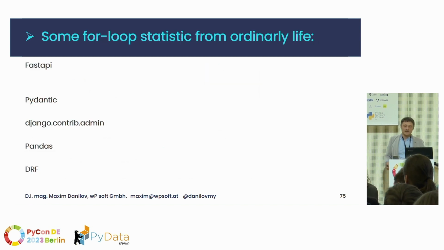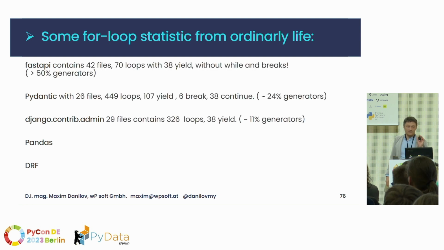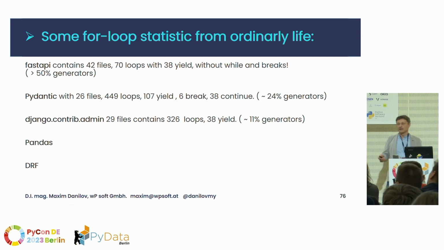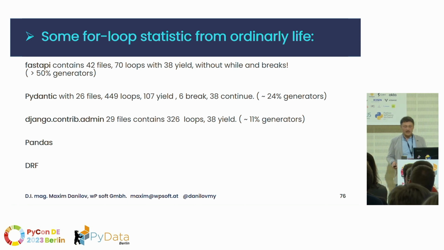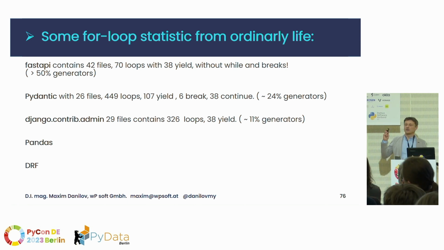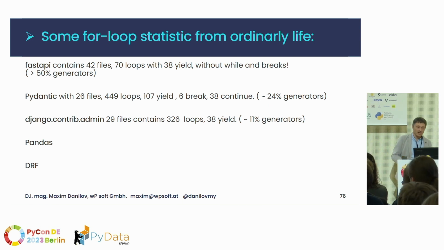And some for loop statistics from ordinary life. FastAPI, my love, really. FastAPI contains only 70 loops and around 40 yields. It means more than 50% of loops use generator iteration.